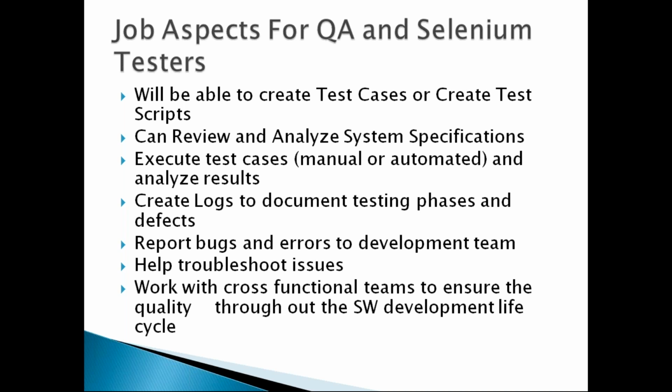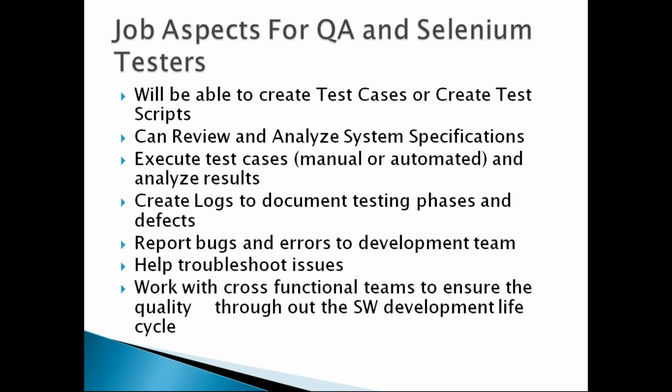They can execute test cases manually and also execute the test cases automatically and analyze the results. Create logs to document testing phases and defects. They can also report bugs and errors to the development team. They help troubleshoot issues, and they work with different cross-functional teams to ensure quality throughout the software development lifecycle.